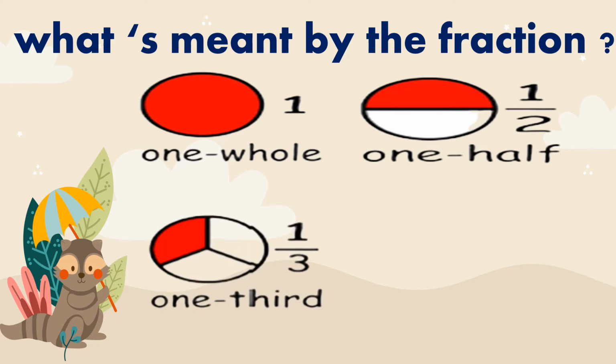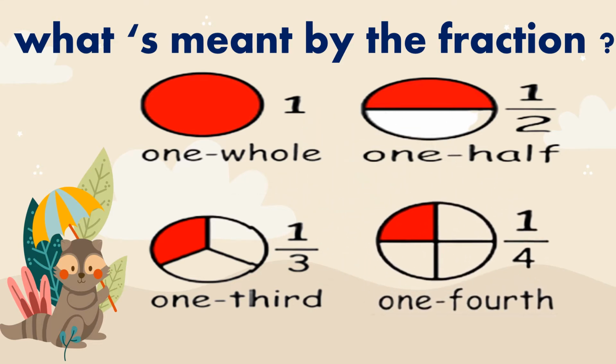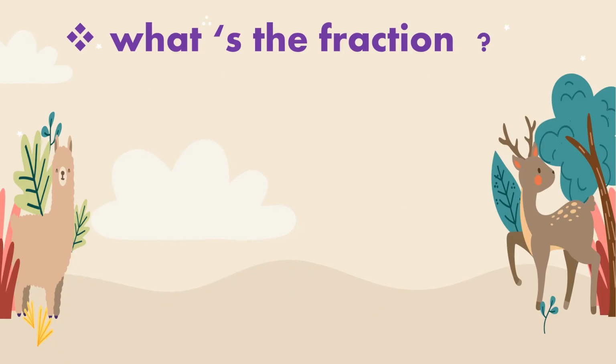Here 3 parts, 1 colored and the others not colored. So how can I read this? 1/3. Here, divided into 4 parts, one colored and the others not colored. So how can I read this? 1/4.